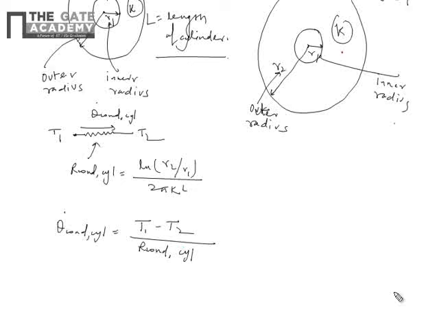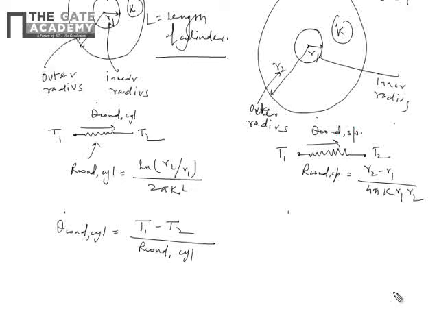Similarly, the electrical analogy of thermal resistance for a sphere will be T1, T2, and R conduction of the sphere is given as R2 minus R1 upon 4 pi K R1 R2, and the heat conduction through a spherical shell is Q dot conduction equal to T1 minus T2 upon R conduction sphere.